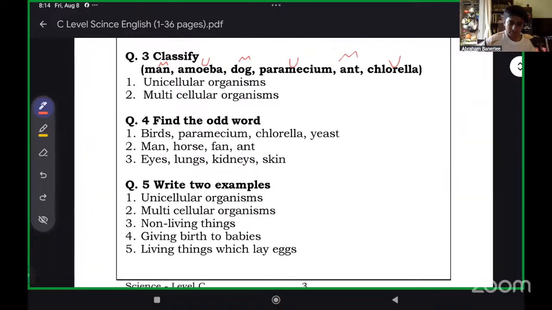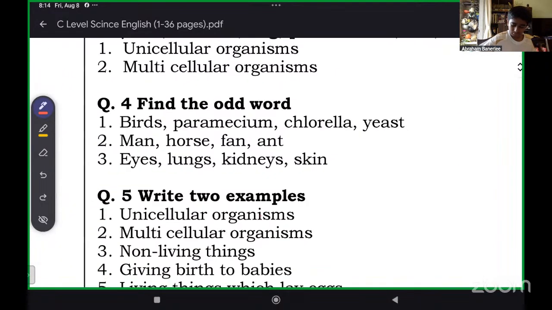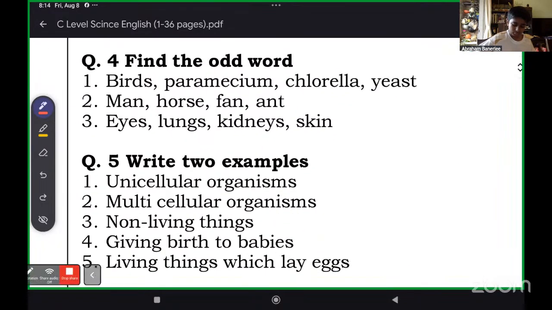Let's find the order. Ma'am, can you just show the fill in the blanks? I was not able to finish writing them. Okay, I'll show.